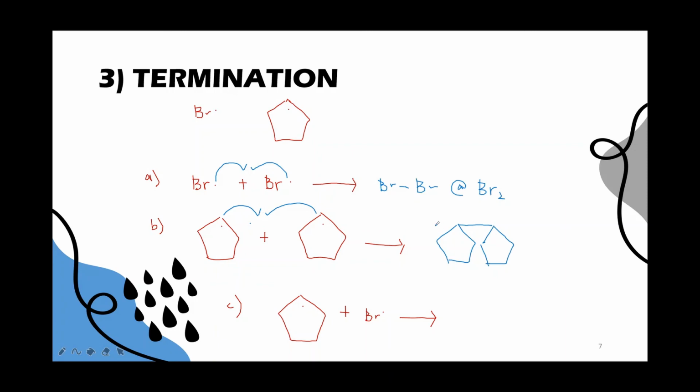Okay, and then the last one, the combination of free radical of cyclopentane and free radical of bromine. So just form a covalent bond with Br. So this is the final step. So that's all for the free radical substitution mechanism.